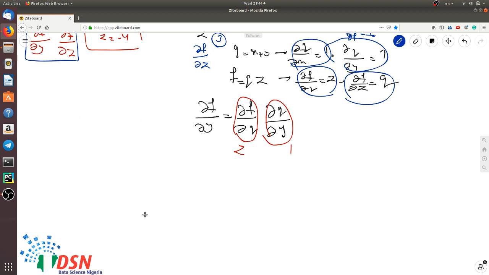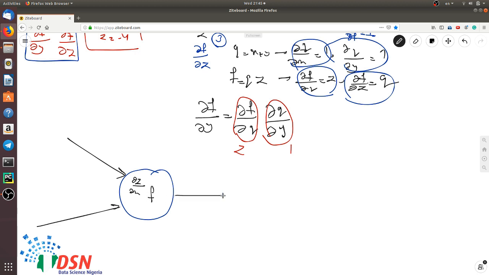In other words, if we want to show this, we could assume that we have a node in here, which is the activation function, this is the output, and this is the backpropagated gradient in here. So let's say this is x.